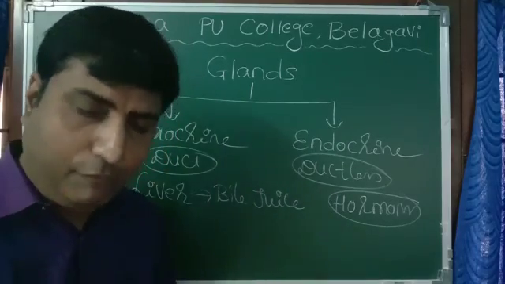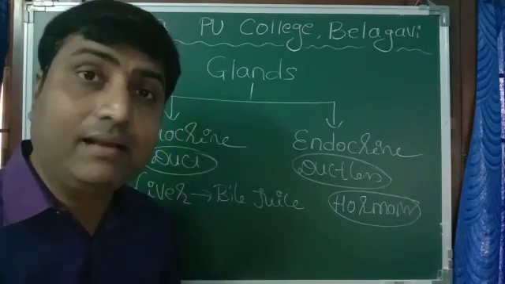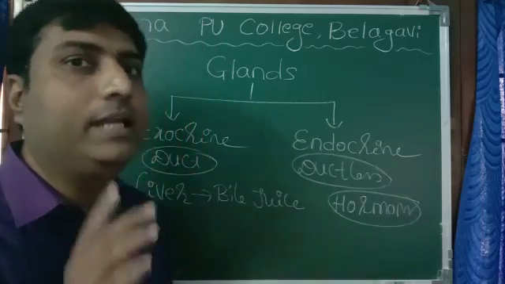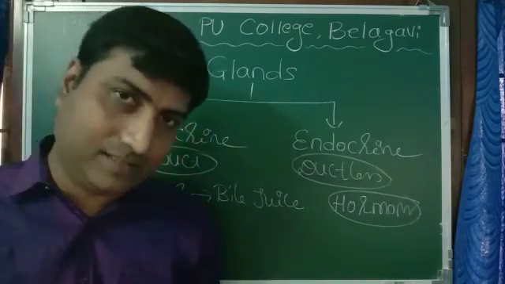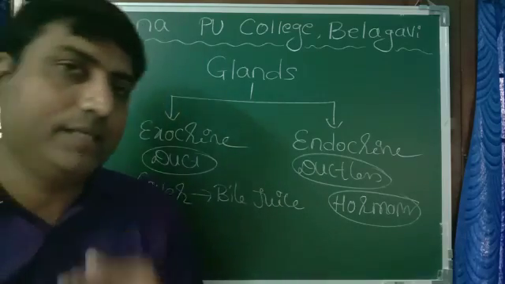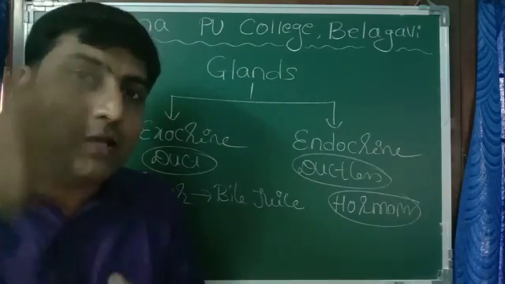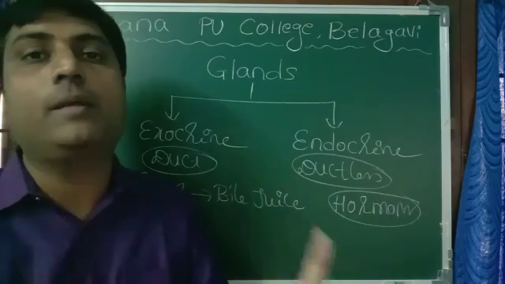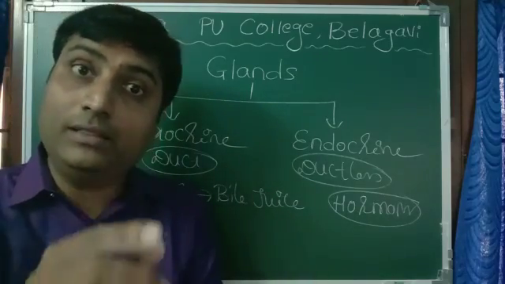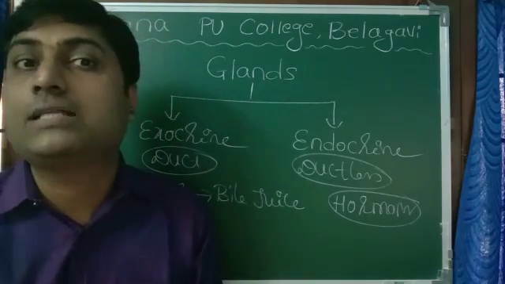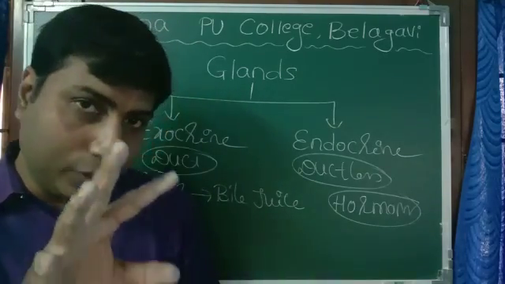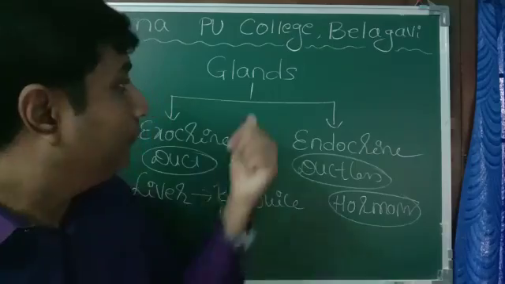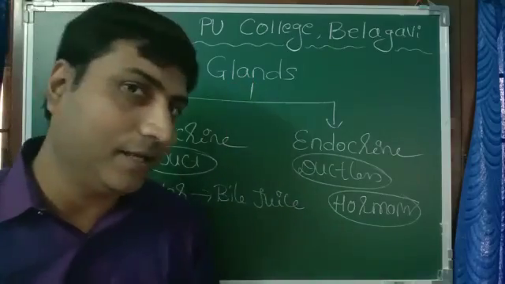One which is very flat, plate-like, arranged like tiles of a floor, is called squamous epithelium. If they are cube-like, we call them cuboidal epithelium. If they are pillar-like, we call them columnar epithelium. If cilia are present, we call it ciliated epithelium. And if the epithelial tissue is modified into a gland, we call it glandular epithelium.